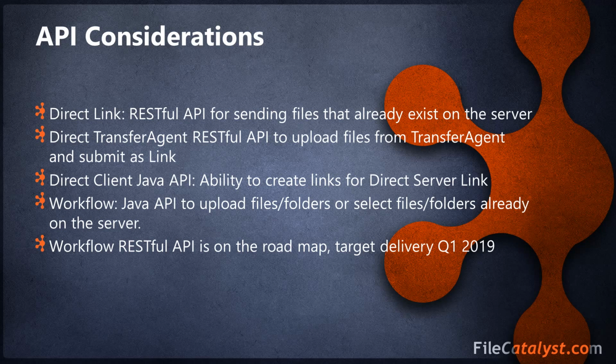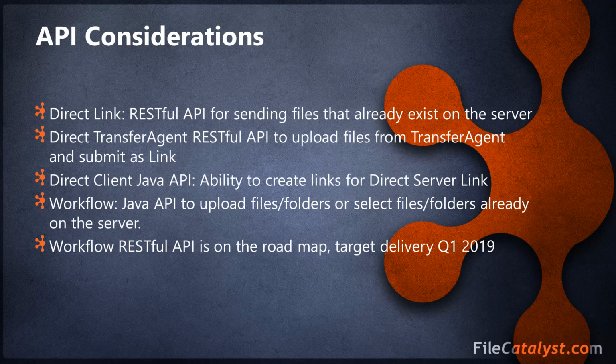Remember when we did that selecting files from the server and sending, you have a REST API for that on the link. On Direct, the transfer agent also has a RESTful API built in. Then you can also upload files to a direct server and submit a link. So it's essentially what I showed you from local file selection. You can do this with a RESTful API.